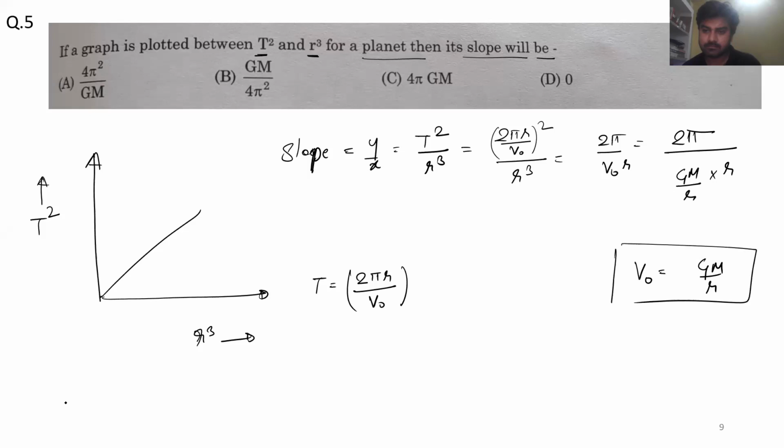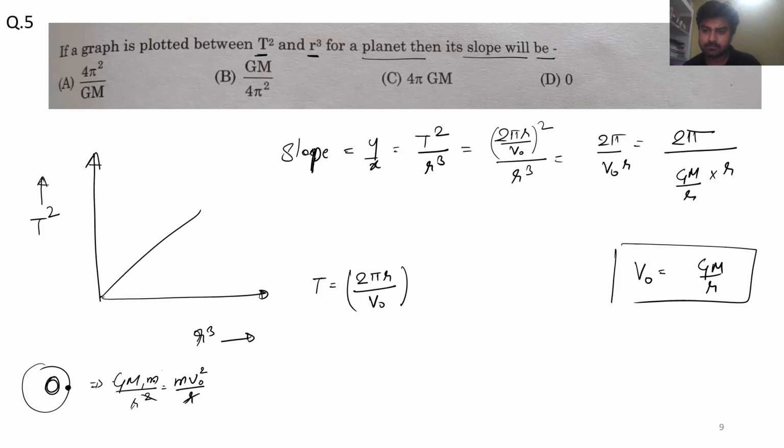How it comes, I'll quickly tell you. The planet is there, a satellite is revolving around it. We equate the gravitational force, G M of planet m upon r square, to the centripetal force m v square by r, m v naught square by r.